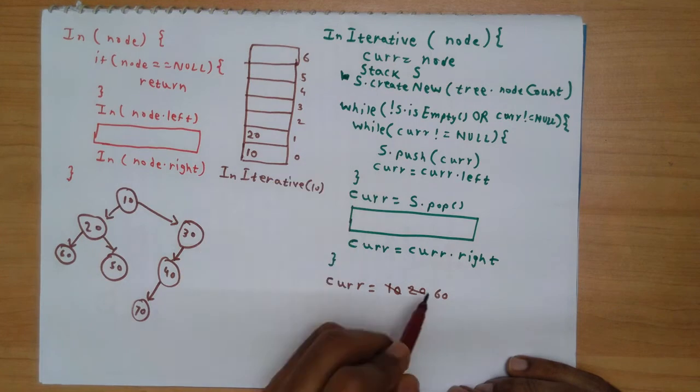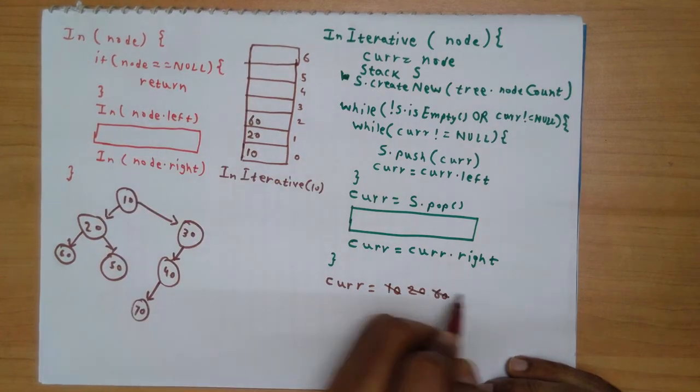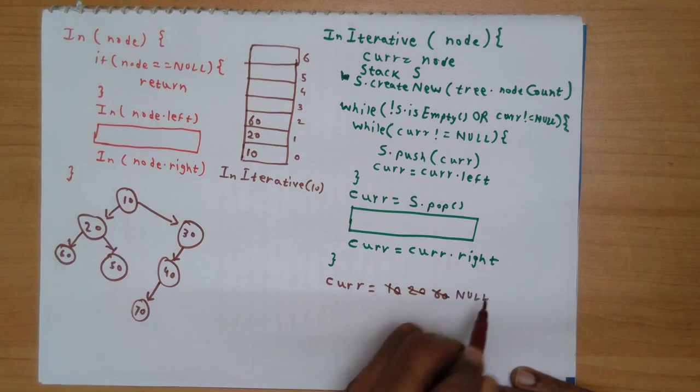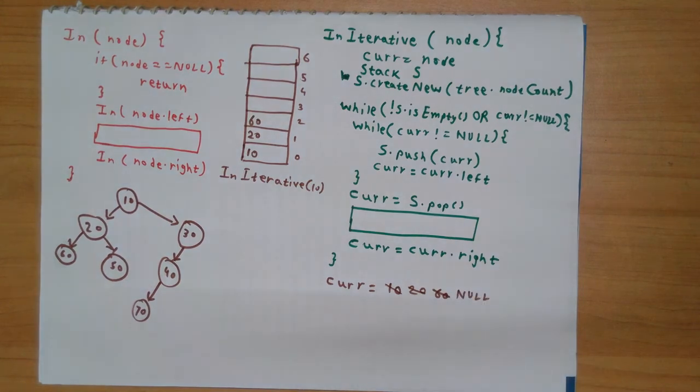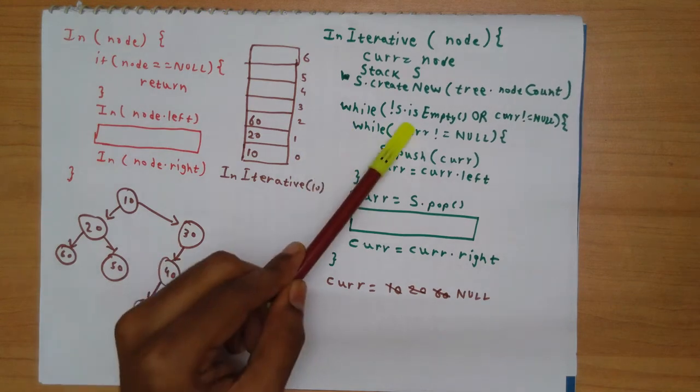It's not, so I'll push 60 onto the stack and my current will become null. Okay, so that's when I have reached the leftmost branch in my current subtree, and now this while loop will finish, because my current is null.